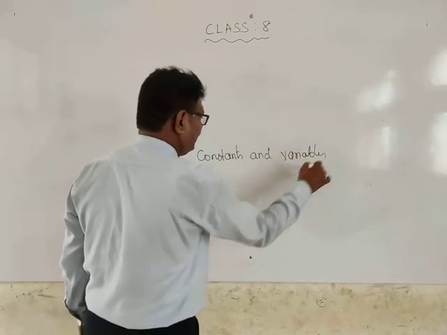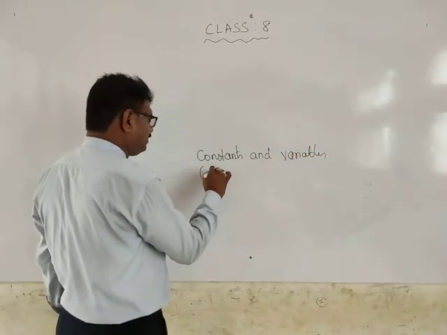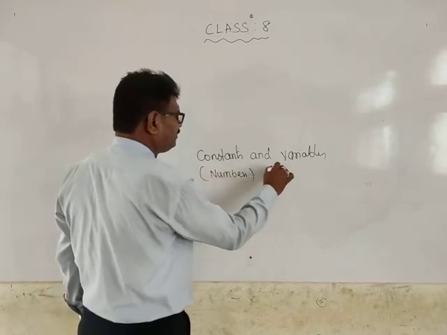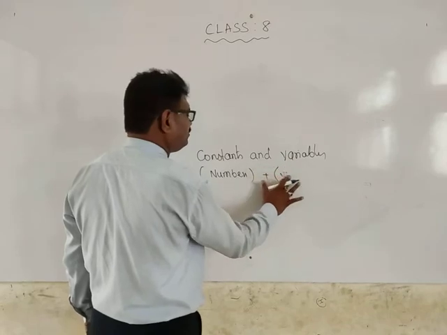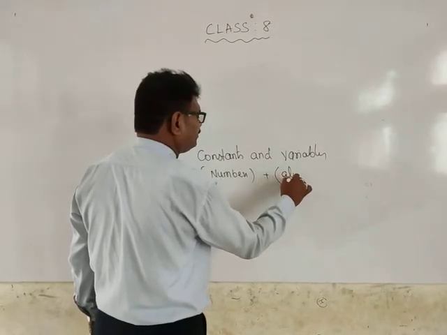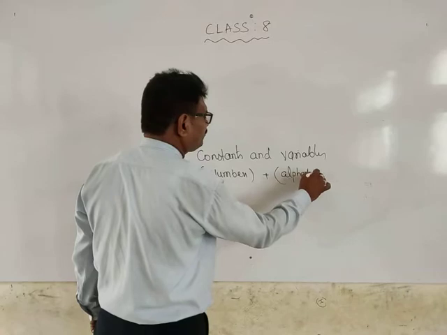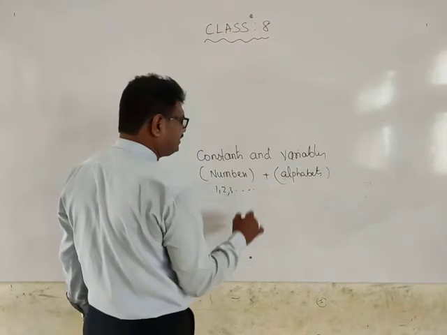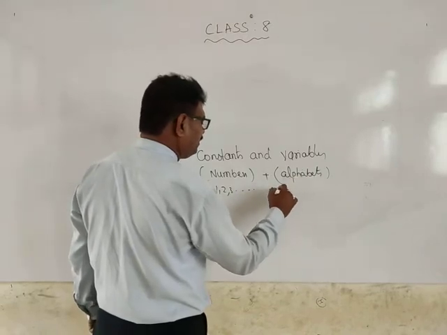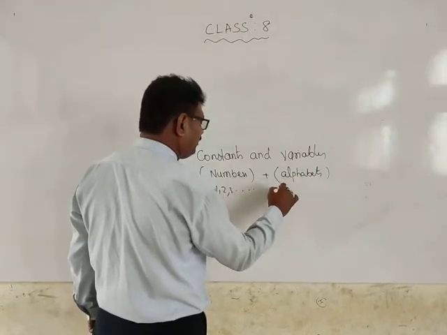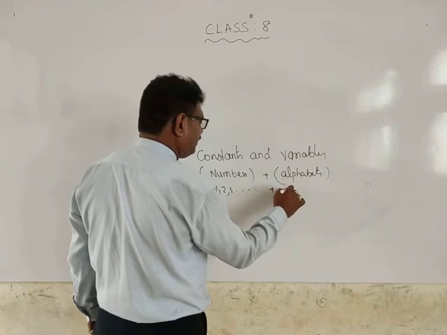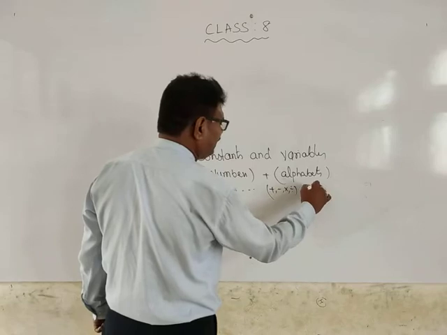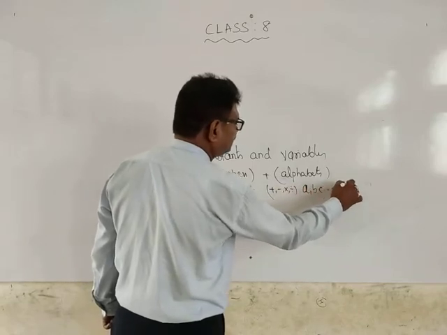Constants mean numbers, like 1, 2, 3, and variables are nothing but alphabets, with plus or minus or multiplication or division, all the 4, and A, B, C, something like this.